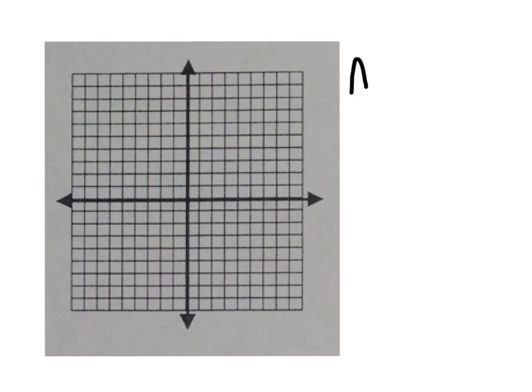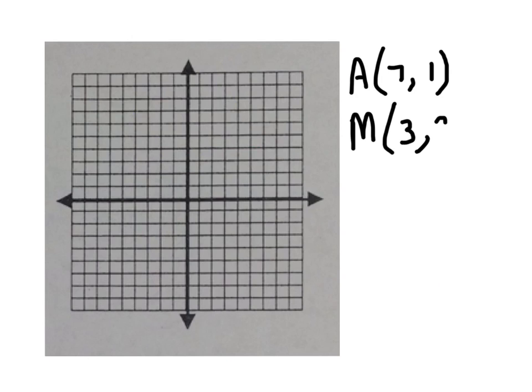Another thing they could ask you involving midpoints would be if they gave you one endpoint, they gave you the midpoint, and they asked you to find the other endpoint. So there's a few different ways you can actually locate the other endpoint. For me, it seems easier just to sketch out what they're telling me.